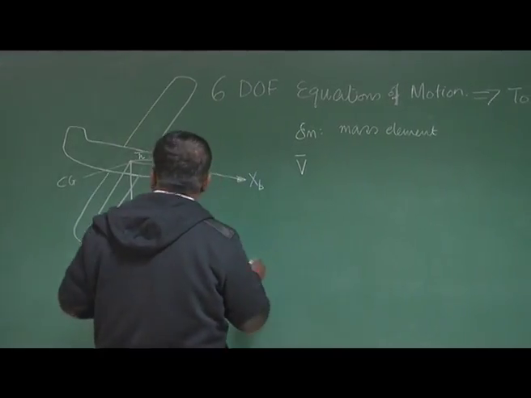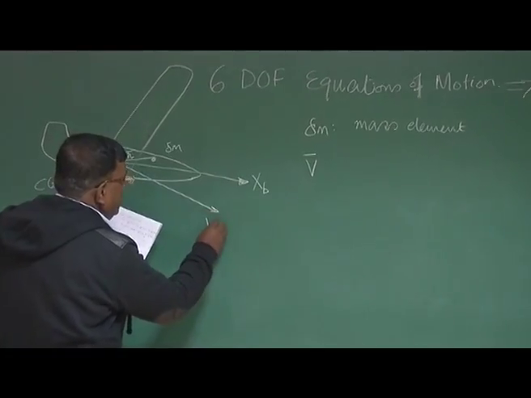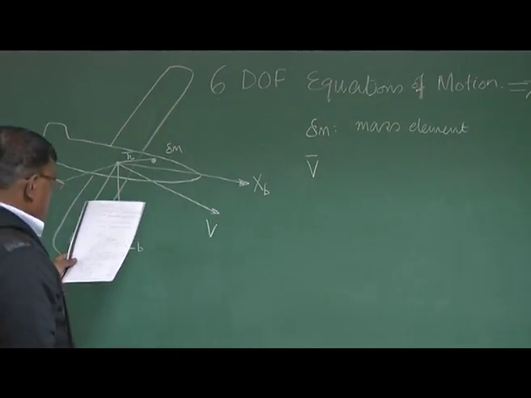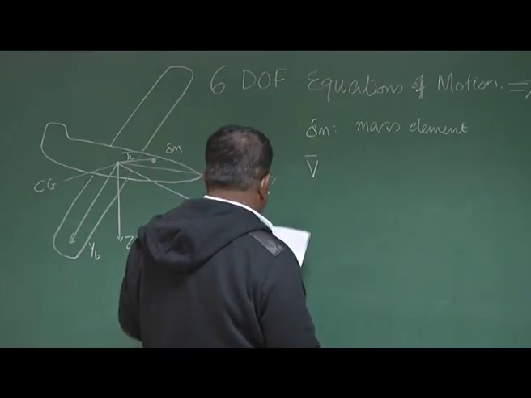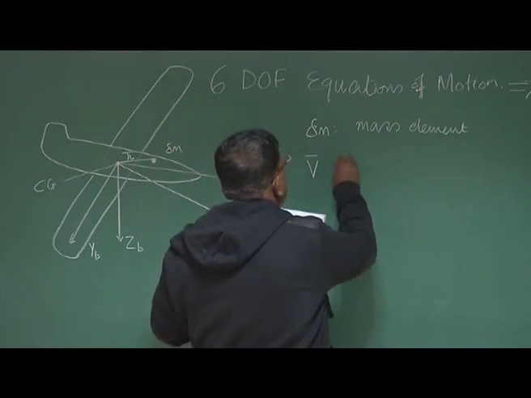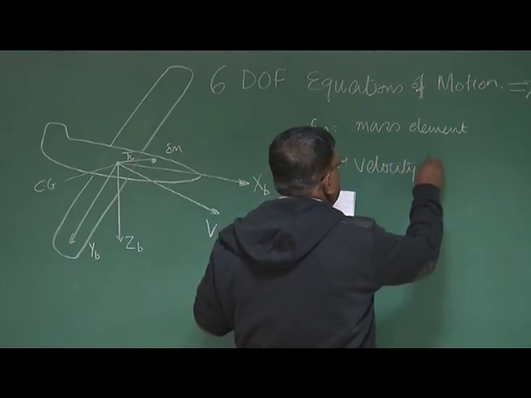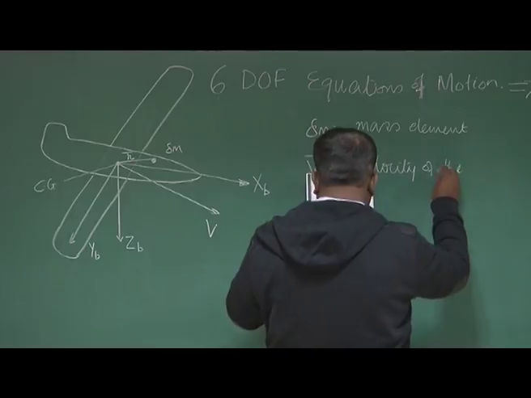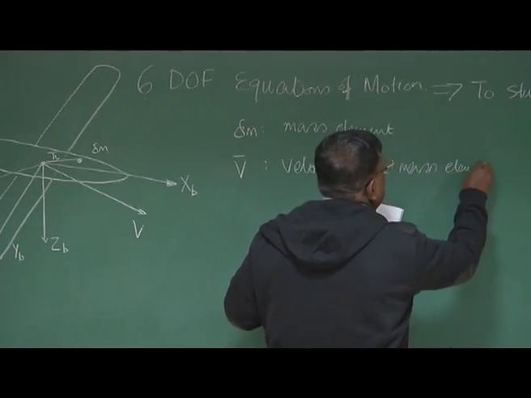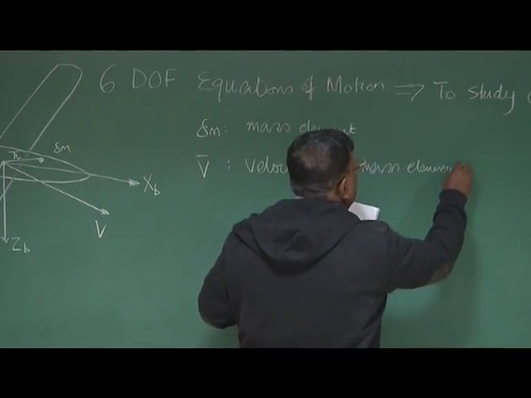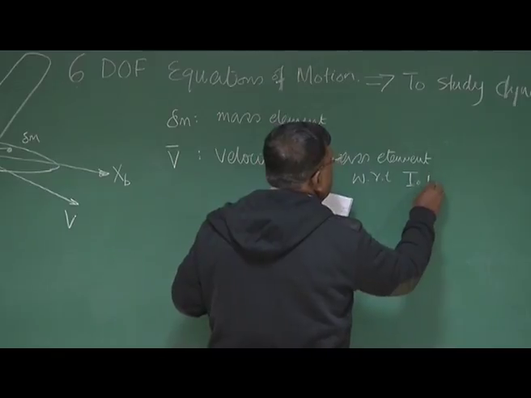So delta m is the mass element under consideration, and let's say V. What is V? V is the velocity of the mass element with respect to the inertial frame.